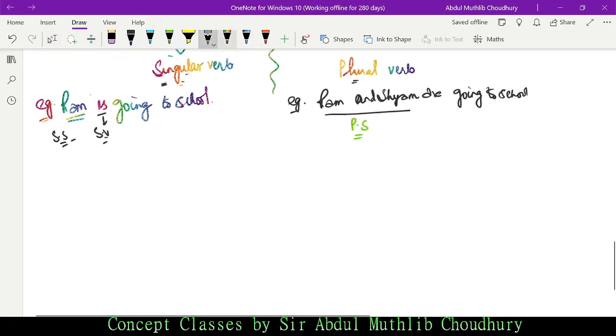Now this brings us to rule number 2, which is I as a subject. When I is a subject, as I said in my introduction, it will be followed by singular verb as well as plural verb.